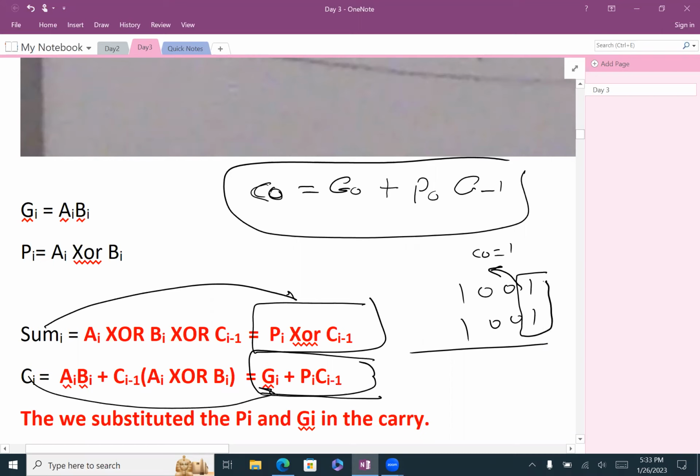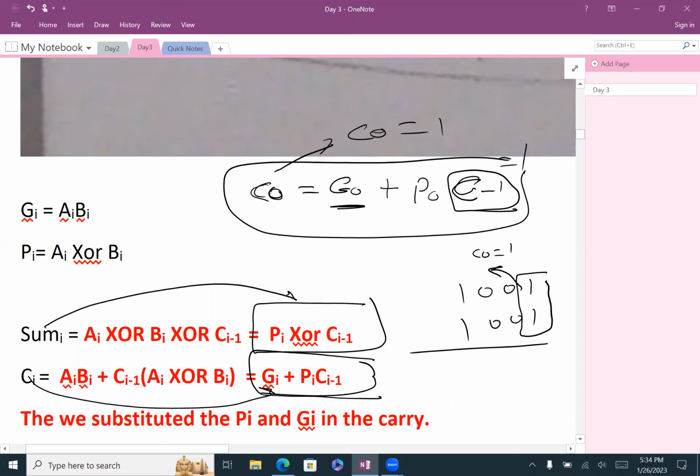Either you generate it here, so that's why we generate it at stage 0, or it's coming from outside and propagates through level 0. If this one equals 1 and propagates to level 0, then the carry C0 equals 1. All right. So that's the meaning.